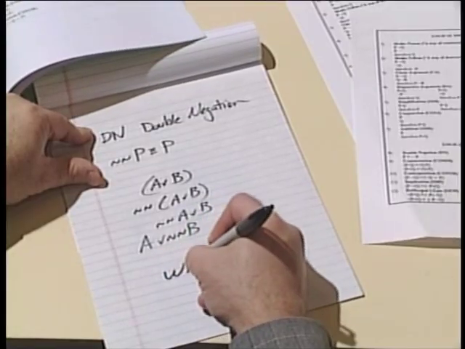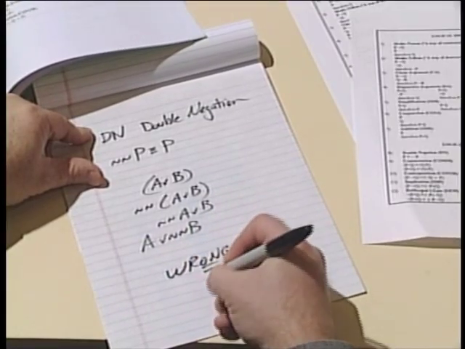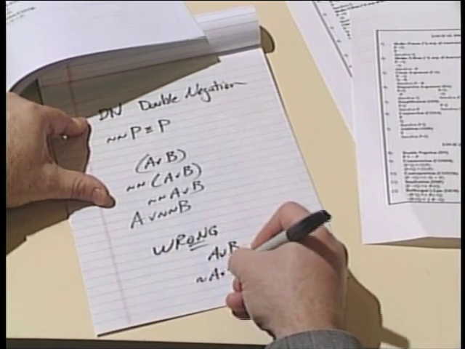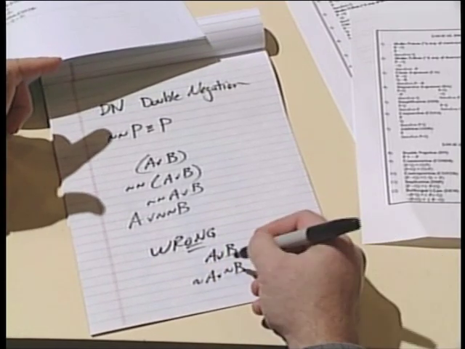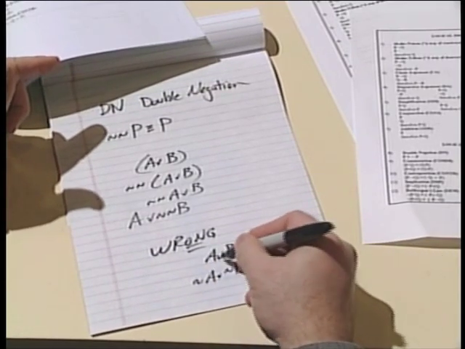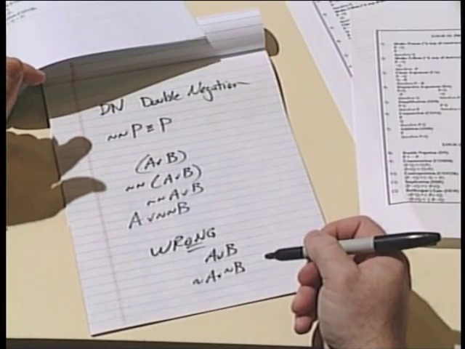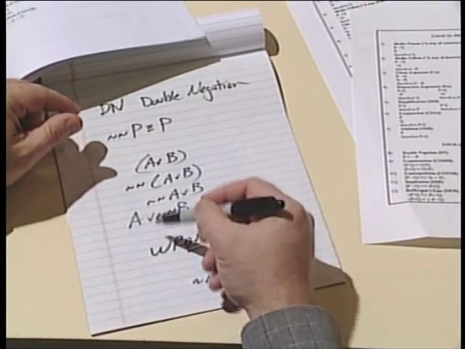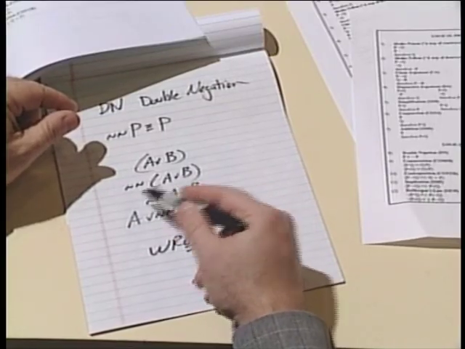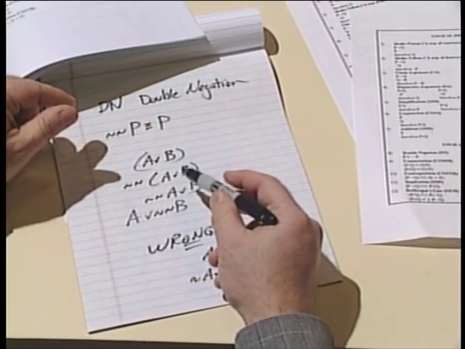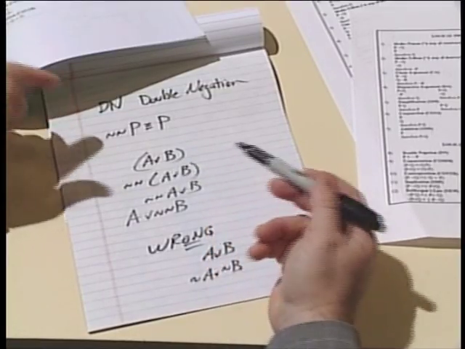So it would be wrong to take something like A or B and make it not A or not B. That's just not the same statement. This says one or the other is true. This says one or the other is false, and those are not logically identical statements. So the negations have to touch. I can add them anywhere I want to so long as they touch. The only place I suppose I couldn't add them is right in front of a connective, because it would mean nothing.